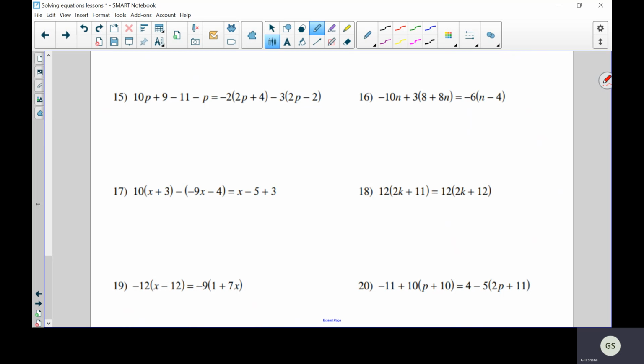Anybody have any idea what looks so tough about those distributive property problems? What's easier? What's the easier distributive property? This or this? Left or right? What's easier? Left. You think the left one's easier? Right. Why would you say right's easier? Do you have to know any rules about multiplication using negatives in the right one?